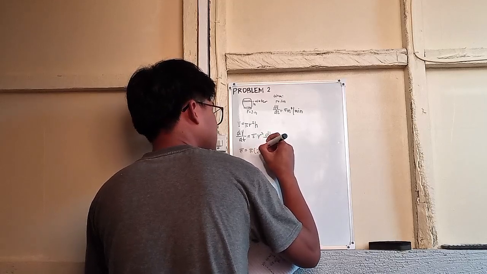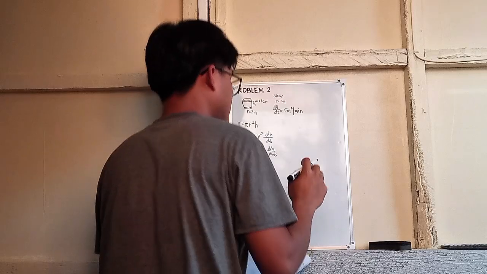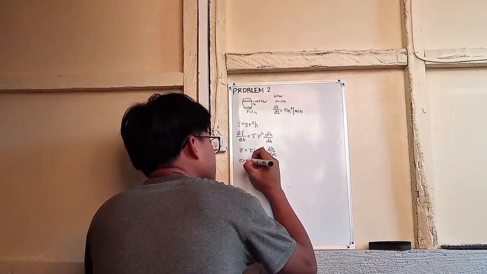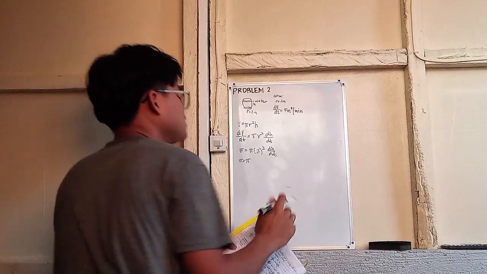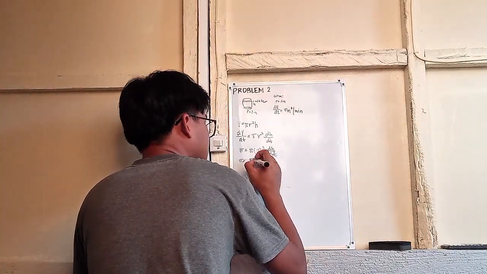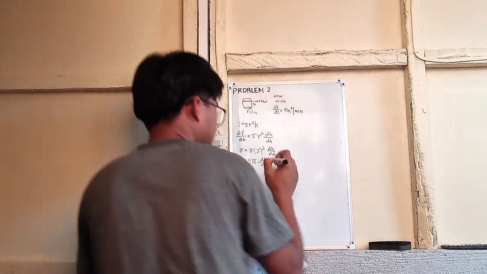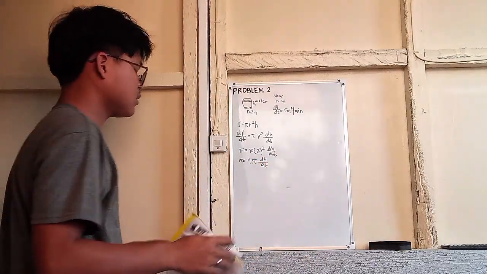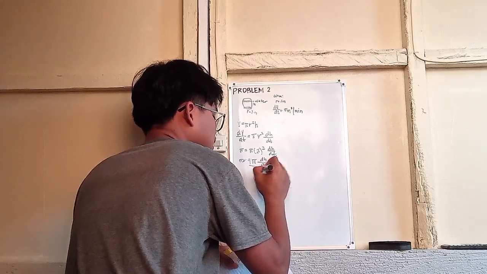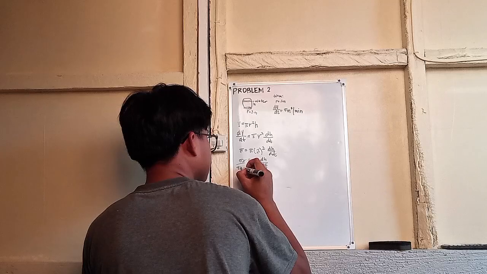So 5 is equal to pi times 3 squared dh over dt. 3 squared is equal to 9, so it will now be 9 pi dh over dt. Then we will divide both sides by 9 pi so that dh over dt will remain.